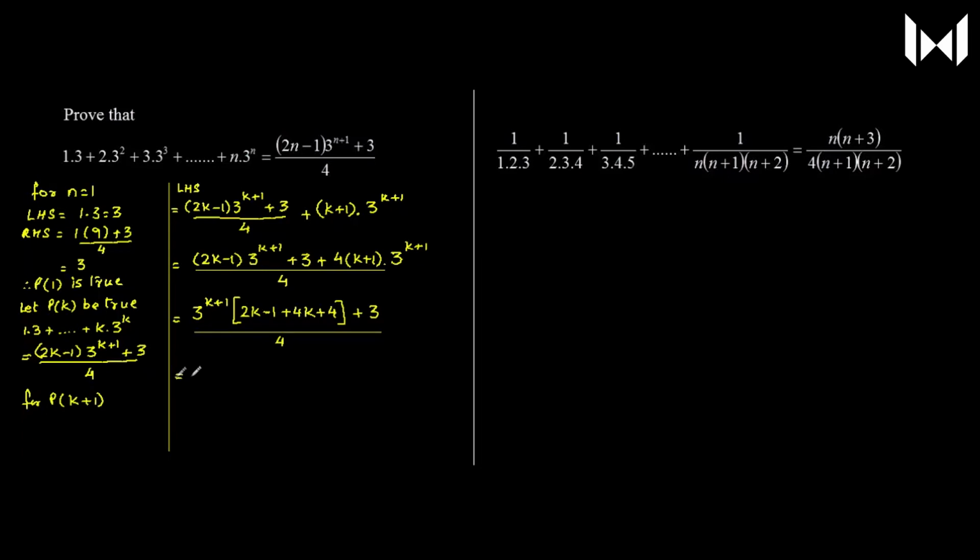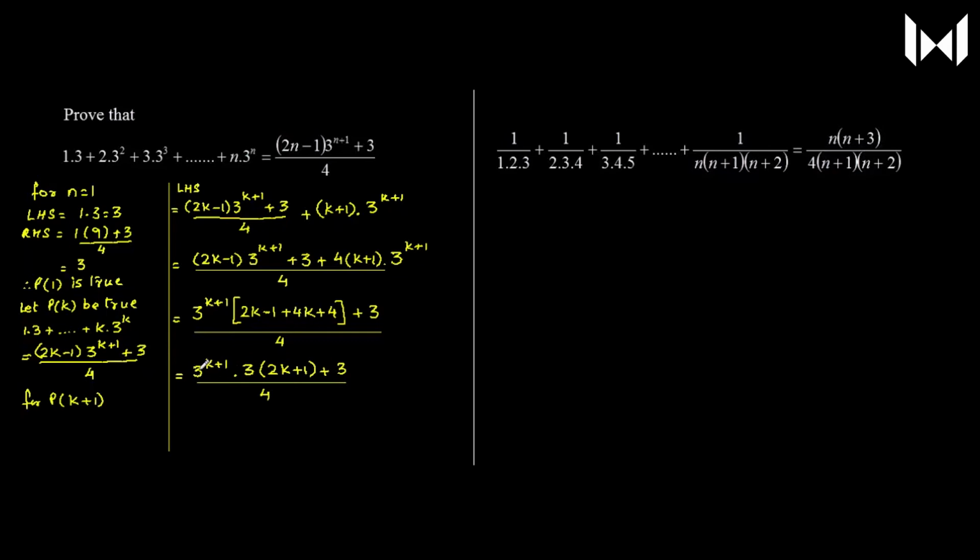Now if we simplify within the bracket, we get 6k plus 6, so we take out 3 common, so 3 into 2k plus 1 and plus 3, and then whole over 4.